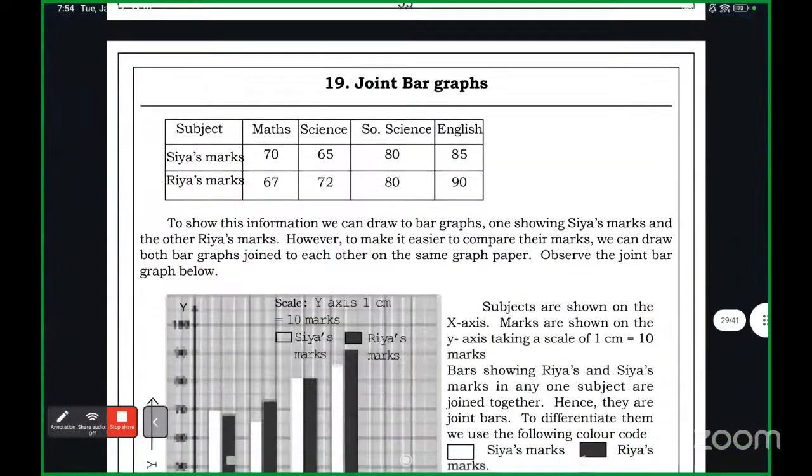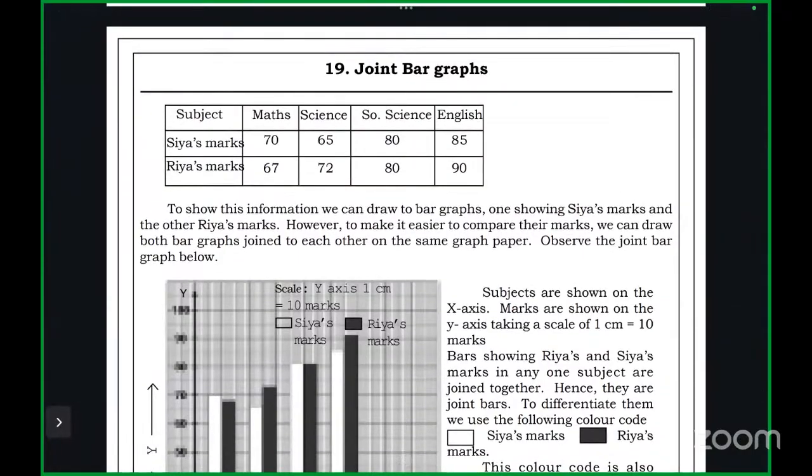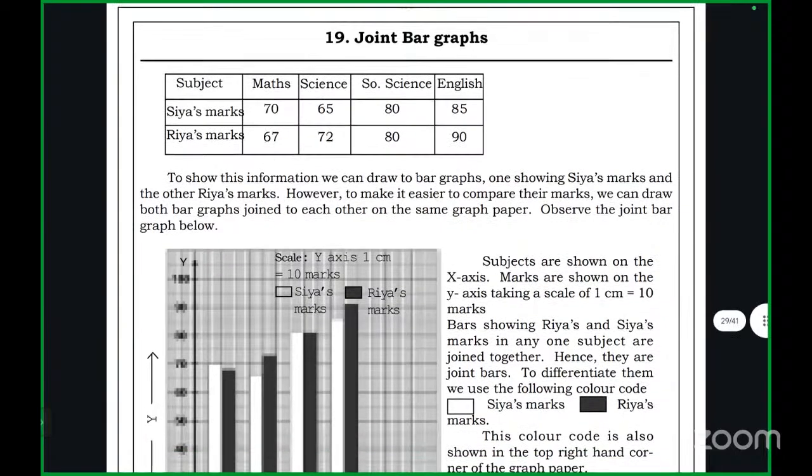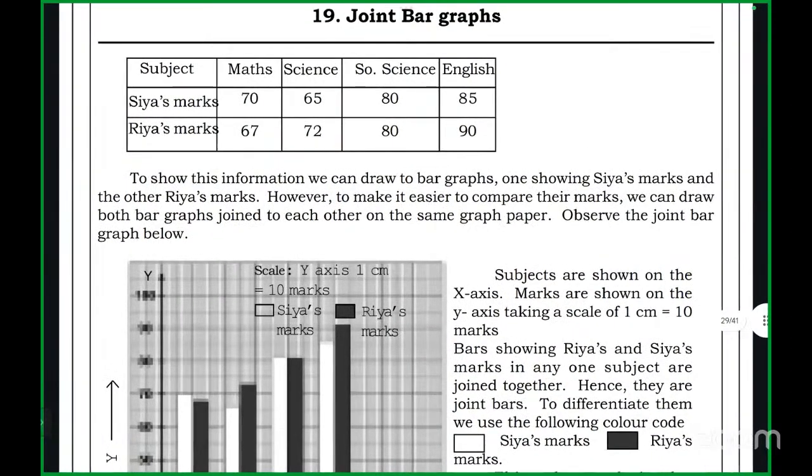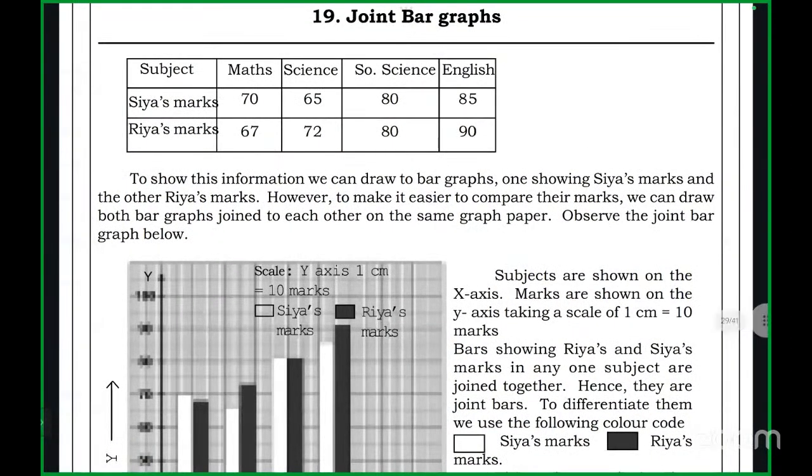Now, these bar graphs are known as joint bar graphs. Two types of information are recorded here, two different types of, or two same type of information. Same category but different information recorded. For example, in this graph we can see the marks of two students, Sia's marks and Ria's marks.